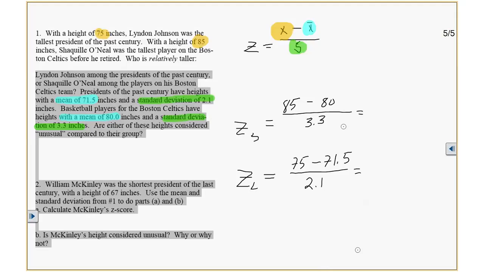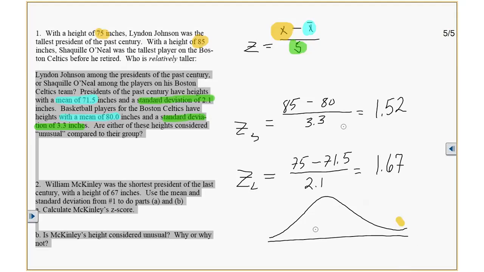So somebody tell me what you get right here. I got 1.52. And what did you get here? 1.67. On the z-score table, your mean is 0. Your standard deviation is 1. Anything outside of 2 standard deviations is what? Unusual or an outlier. You can only miss out 3.